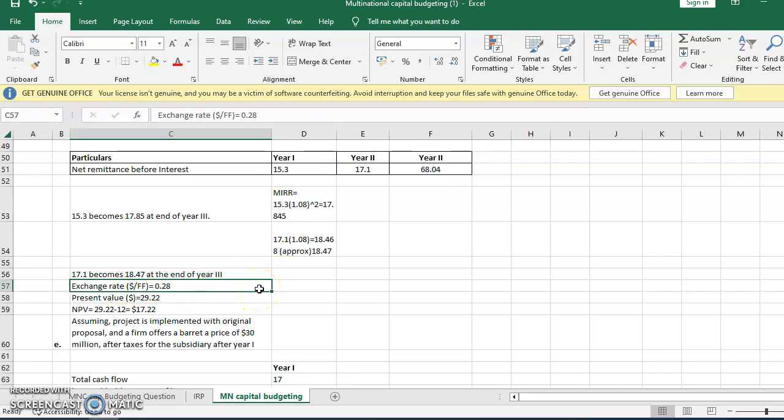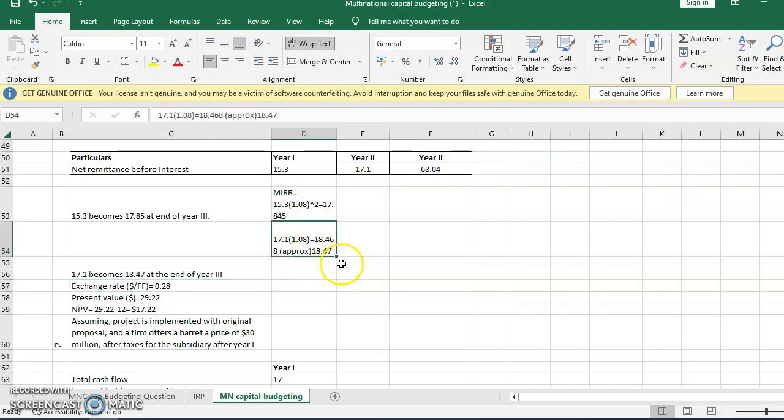It's given as 0.28. The present value is nothing but 68.04 plus 17.85 plus 18.47.